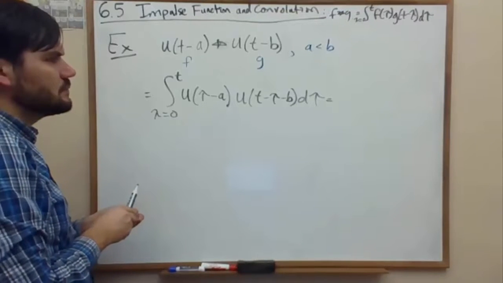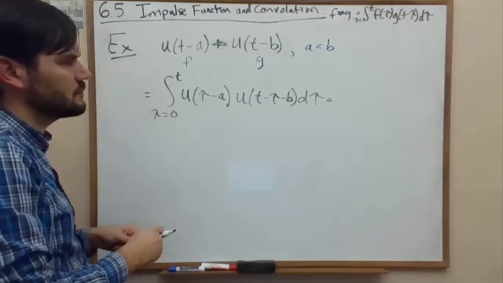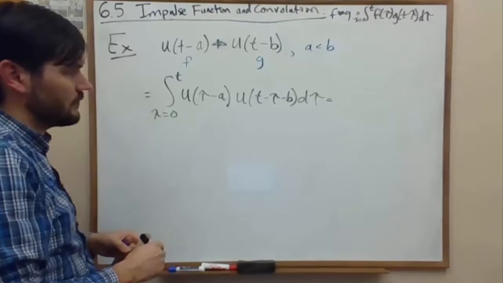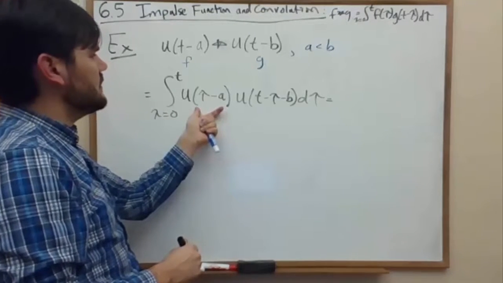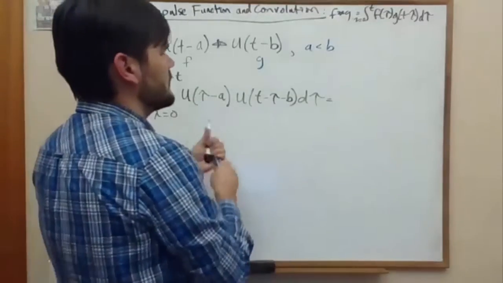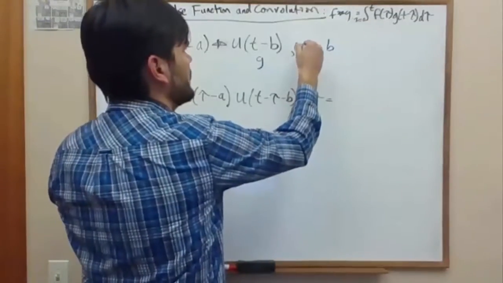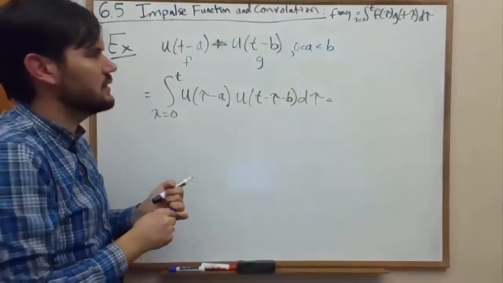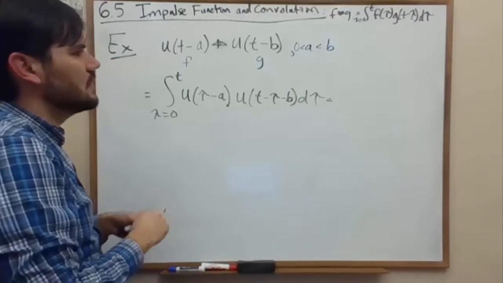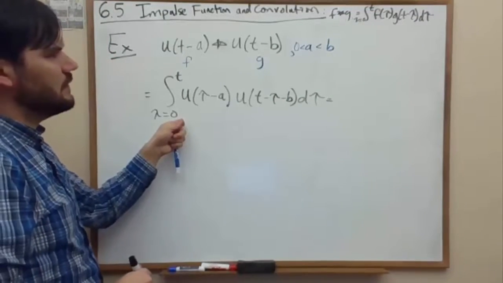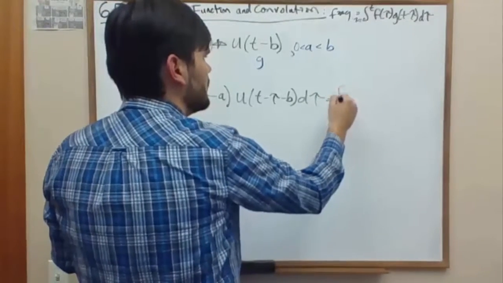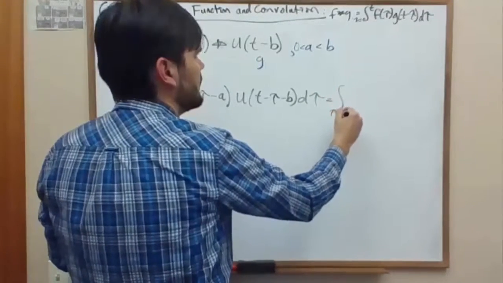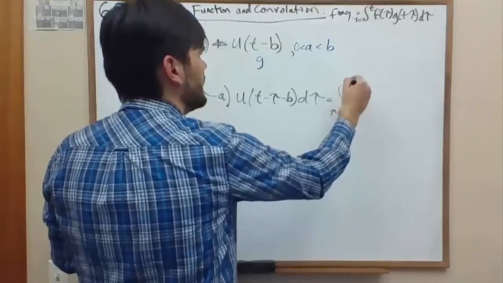Now, for t between, and this is also assumed, we're between 0 and some other value. So our first interval is between tau equals 0 and a.